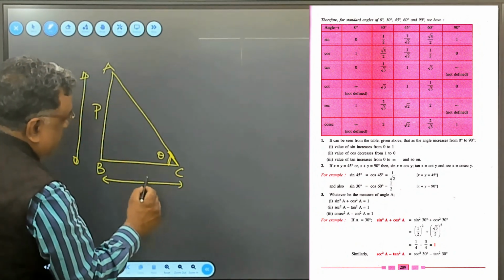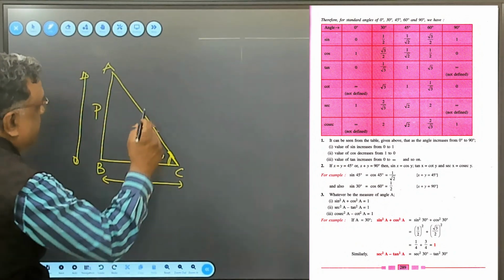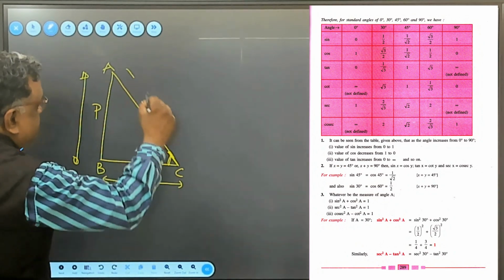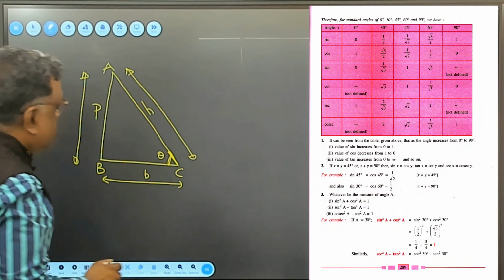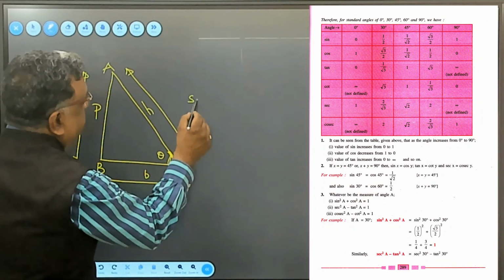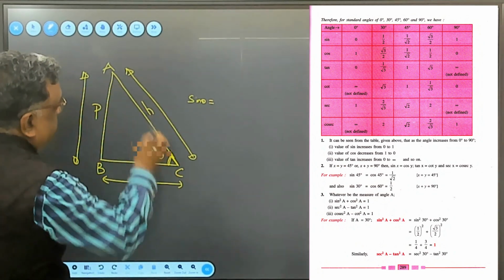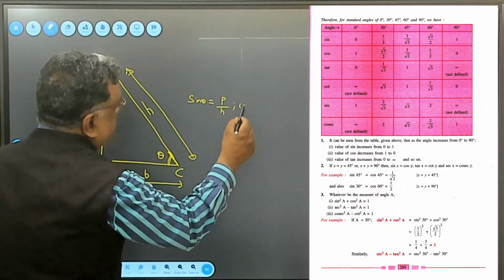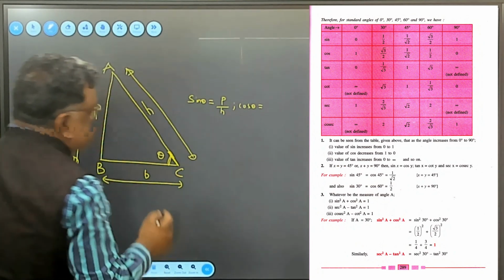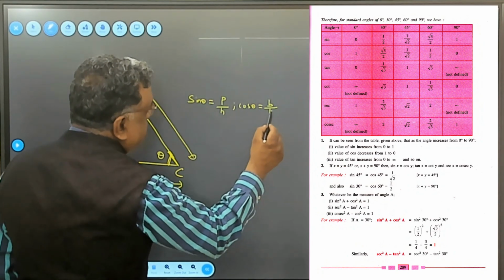This side I will call it as base B or adjacent side to theta, and this I will call it as H, which is hypotenuse. Okay. So now we know by definition sine theta is opposite upon hypotenuse, that is P upon H, and cos theta is adjacent upon hypotenuse, which is B upon H.